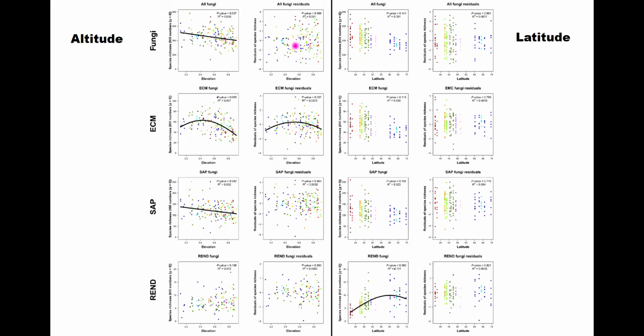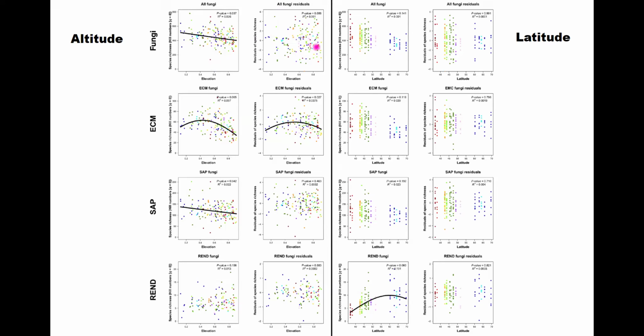The other two columns are showing the data of the fungal richness after taking into account the effect that environmental variables have on the fungal species richness. In other words, I can explain it, for example, on this one.